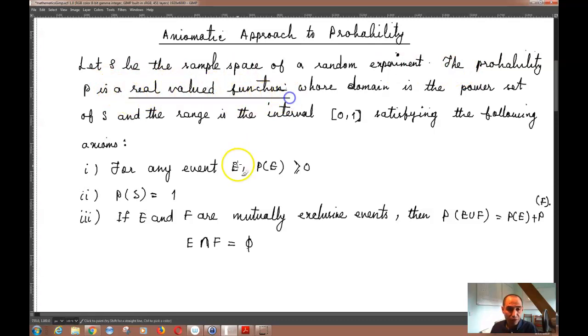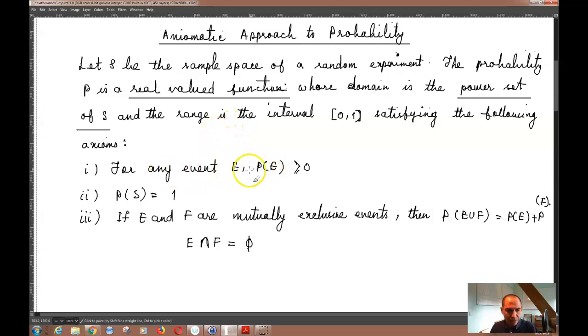So you need to understand what the real valued function is, where the domain is the power set of S, and the range is the closed interval 0, 1, satisfying the following axioms.